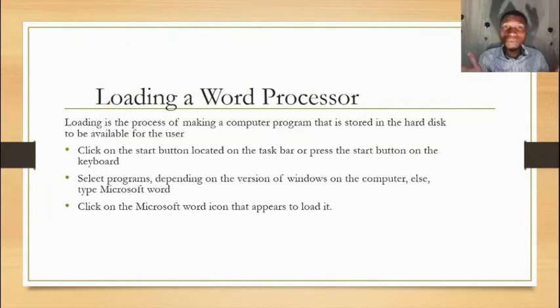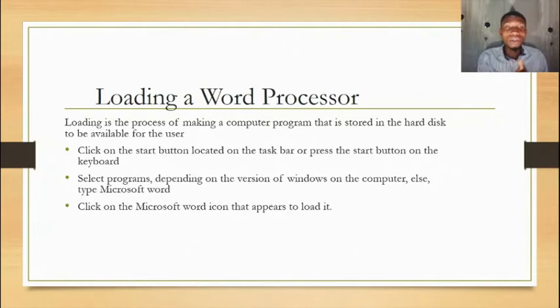But if you're using an older version of Windows, when you click on the start button, you have a program option. So you click on program, then you click on Microsoft Office. When you click on Microsoft Office, on the list of Microsoft Office programs, you have Microsoft Word. But we are assuming you're using the newer version of Windows.